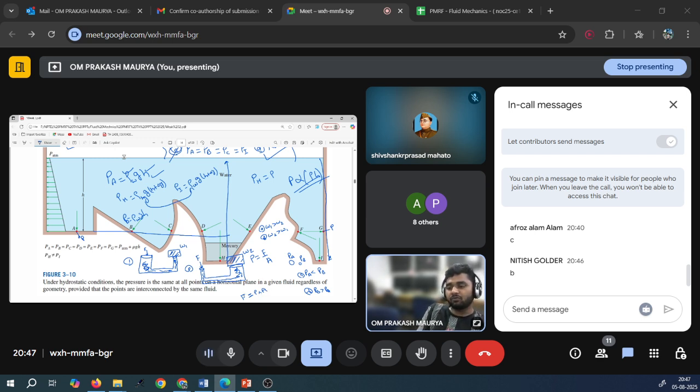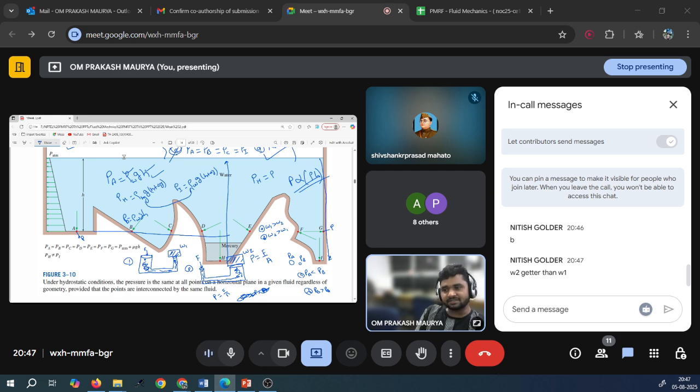If you are applying force here, here we will calculate the pressure, not force. At that level your pressure is force by area. So here the pressure is very high compared to this, because the area is less. If the area is less, the pressure is high.